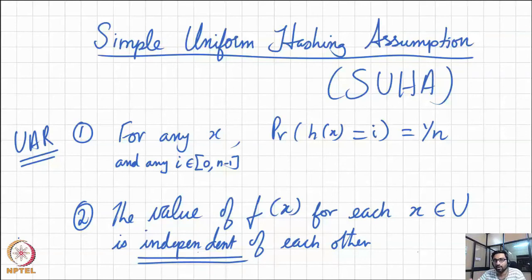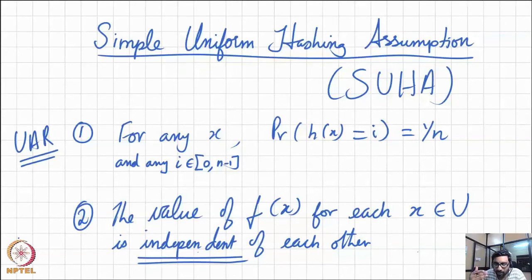So for each value x from the universe, when you hash it, the probability with which it falls into any one of the bins must be equally likely, and they must be independent of each other. These are all classic things that we see with uniformly at random choices.